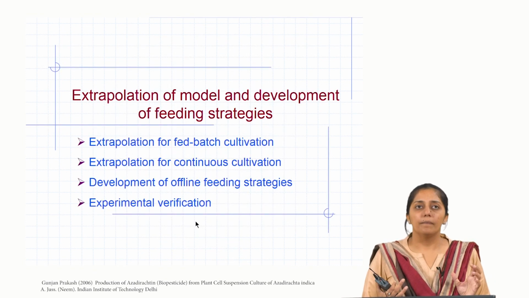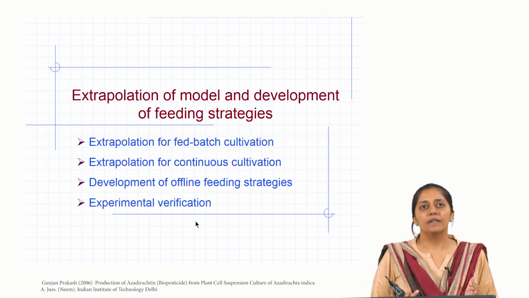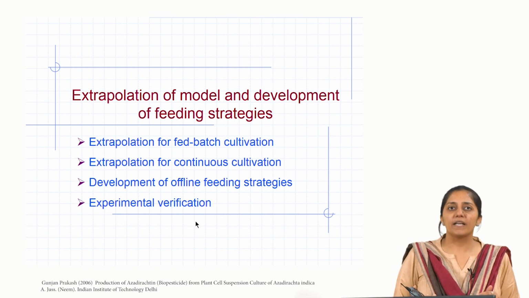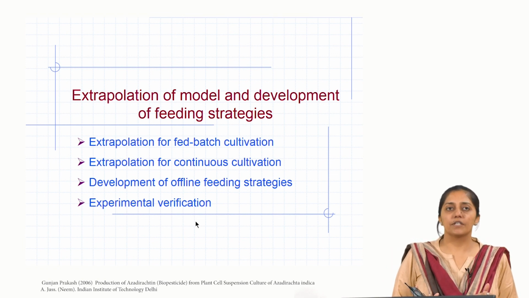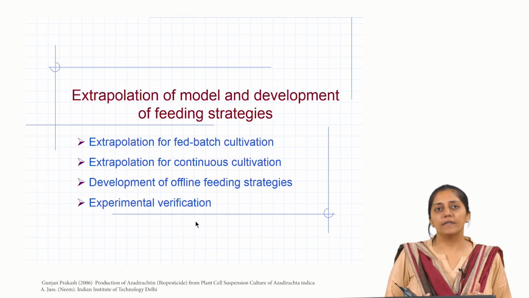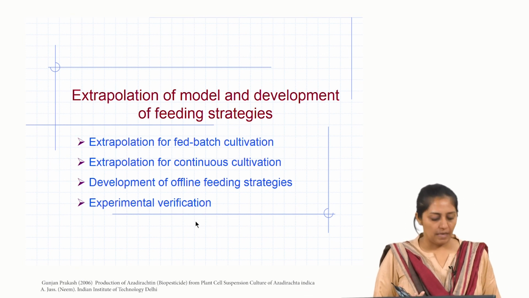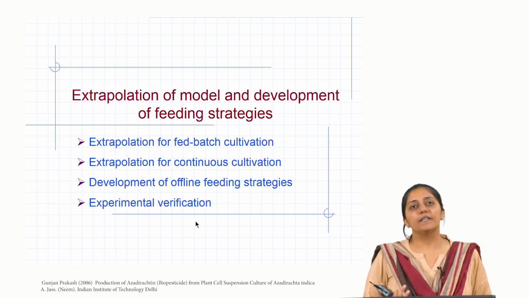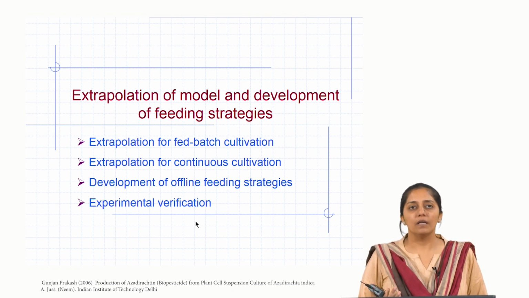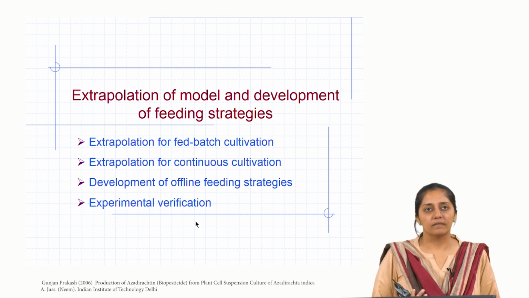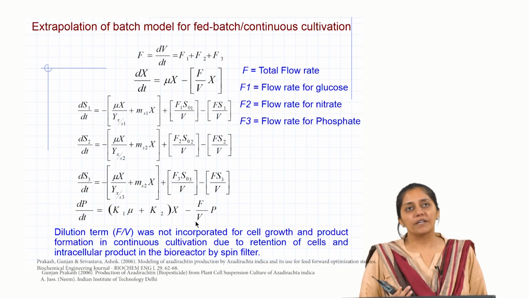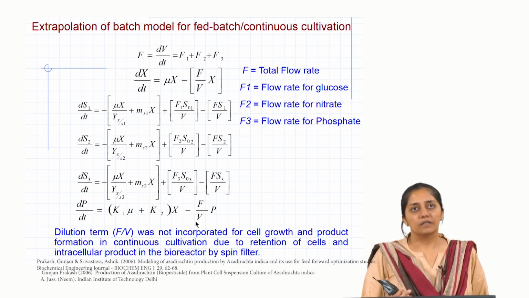Now, the batch model was extrapolated for fed batch cultivation and continuous cultivation to develop offline feeding strategies, and finally the selected feeding strategy, which gave maximum productivity, was experimentally verified. In order to extrapolate the batch model for fed batch or continuous cultivation, this is what they used.